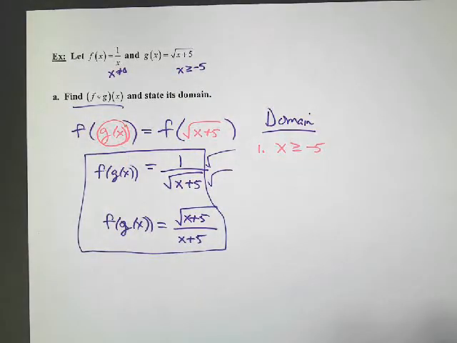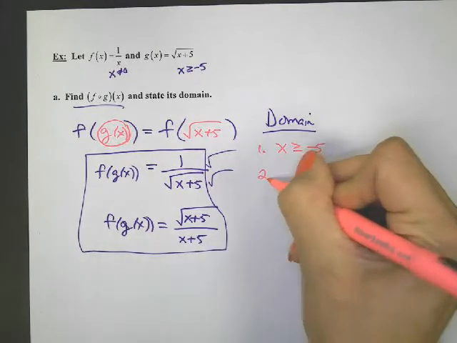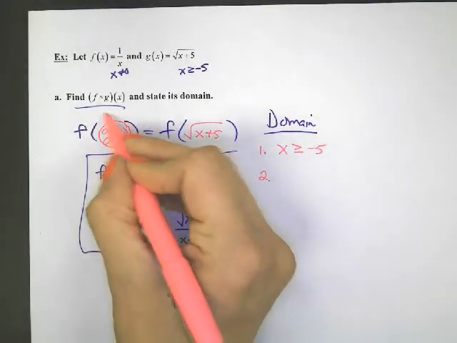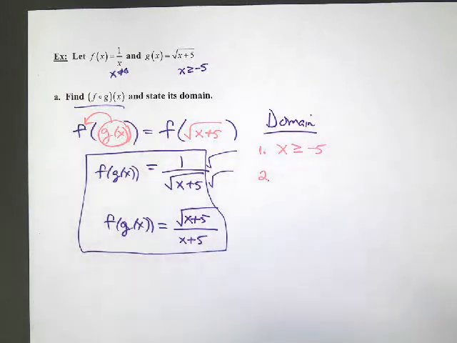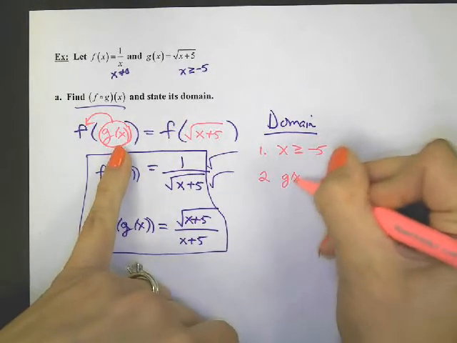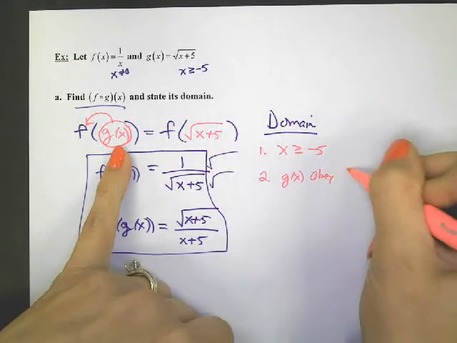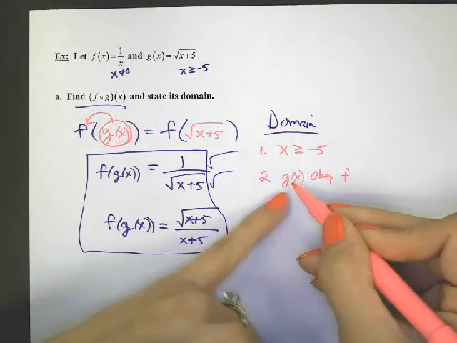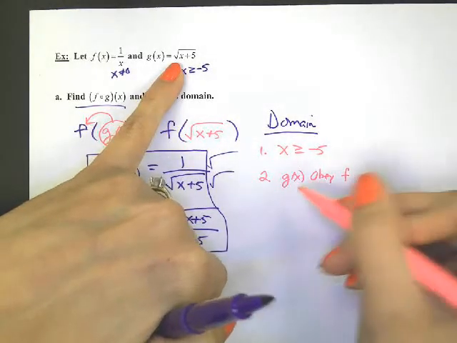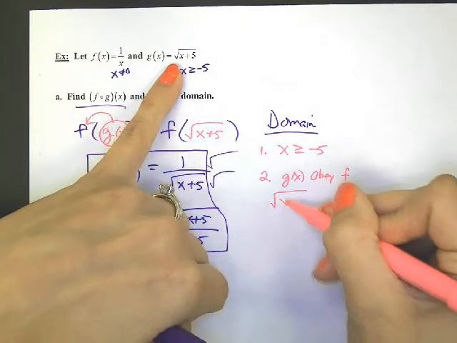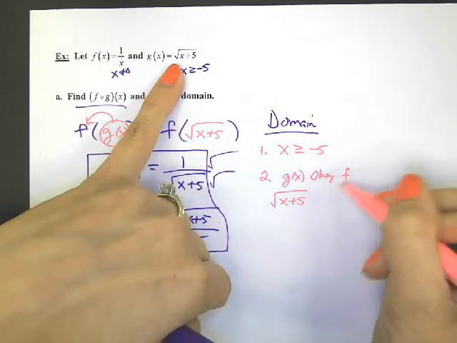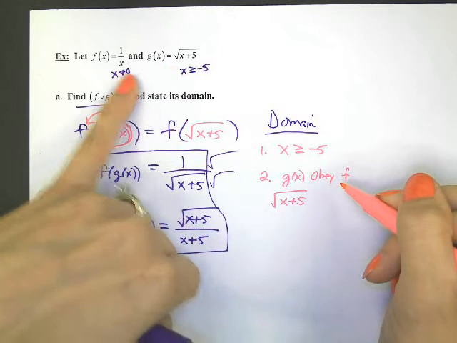Gotcha. And then we have to consider step 2. Since g goes into f, g of x must obey f. So let's write the g of x function down. Square root of x plus 5. Does f have any restrictions?